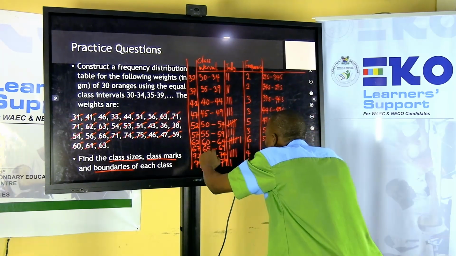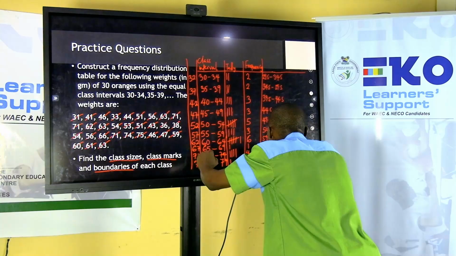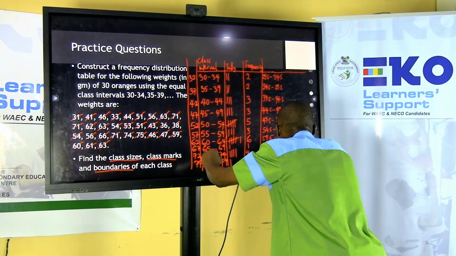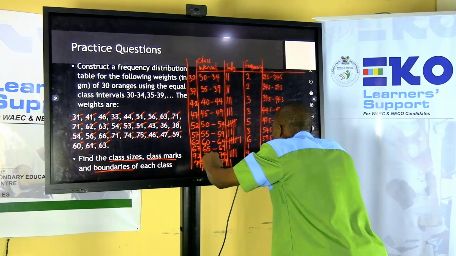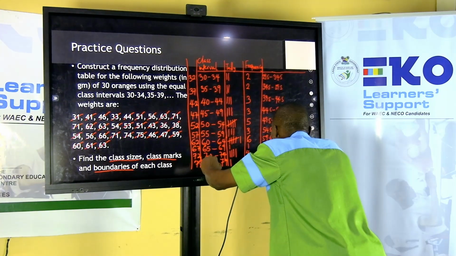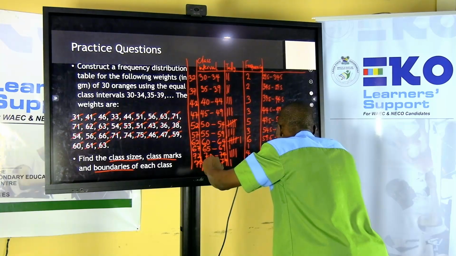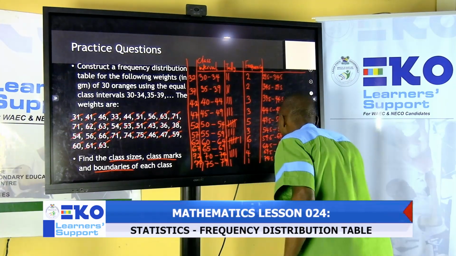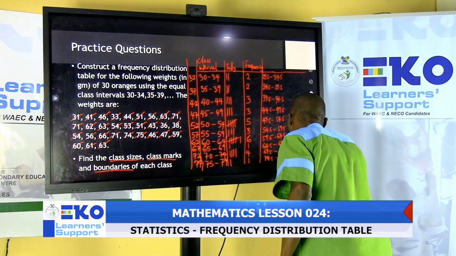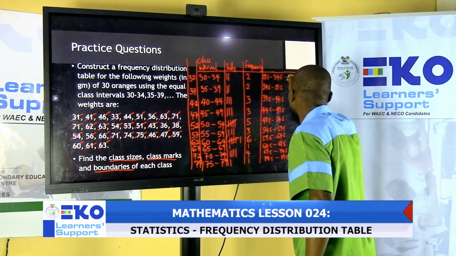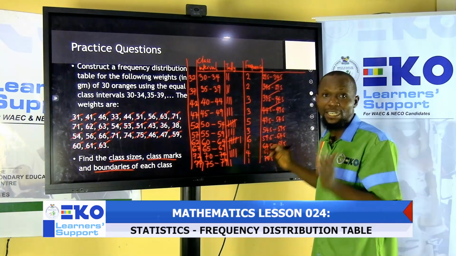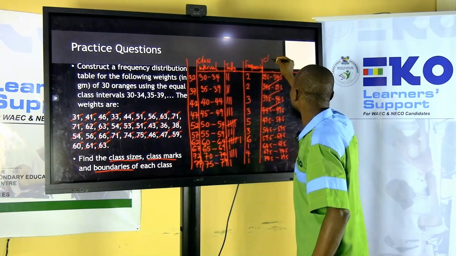So this is 64.5 to 69.5, and then 69.5 to 74.5, and then 74.5 to 79.5. And so you can see they are overlapping. That is what we mean by the class boundary.